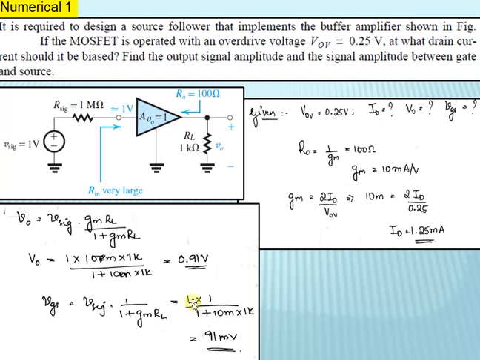So this will give us 1 into 1 divided by 1 plus 10 milli into 1 kilo ohm, which is equal to 91 millivolts. This is one of the simplest numericals which you can find on the source follower circuit, or the common drain amplifier.